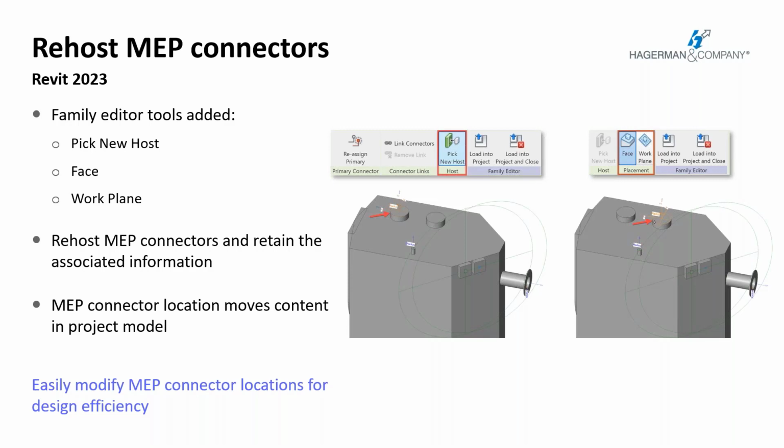Relocating the MEP connectors will change or disconnect the location of connectors. But this improvement should really save a lot of time and rework when modifying your MEP components in the family editor. Pretty nice upgrade here.